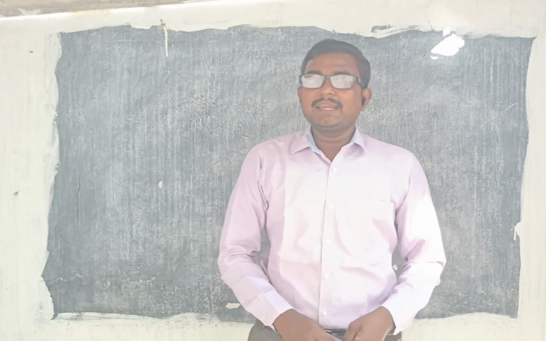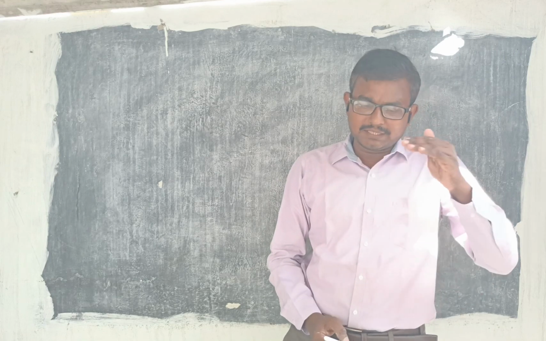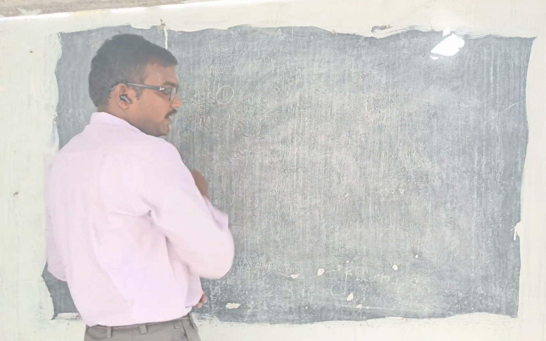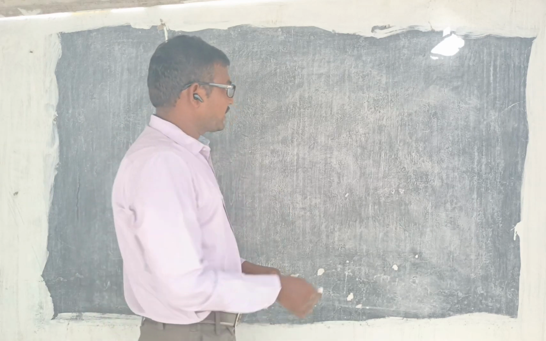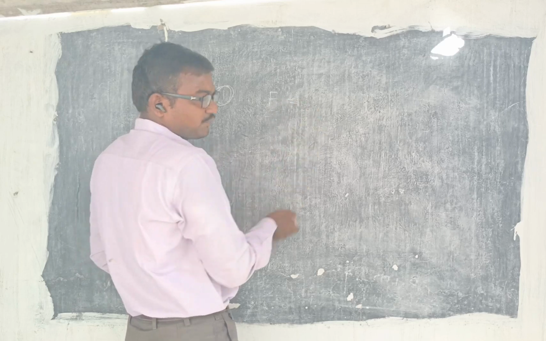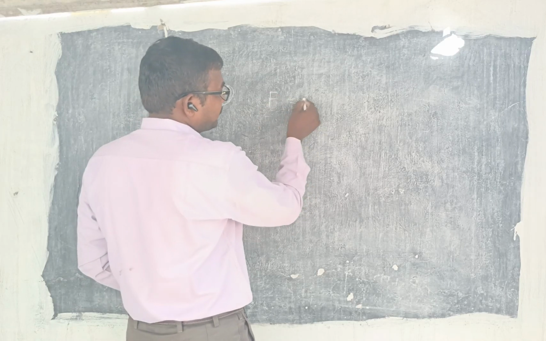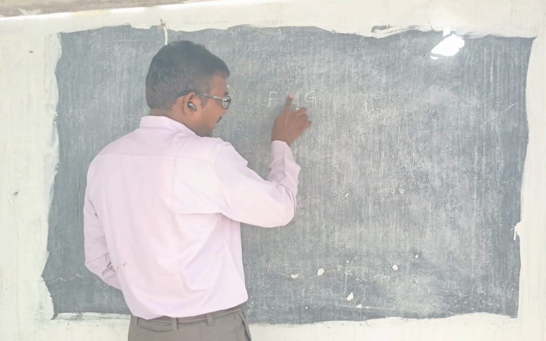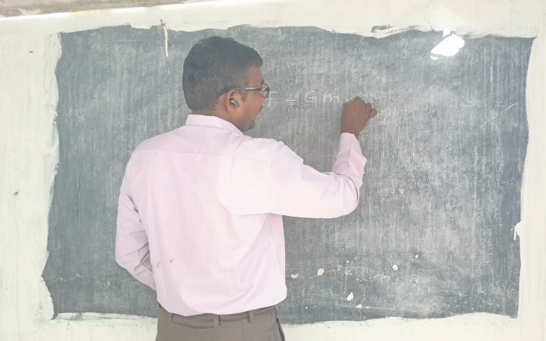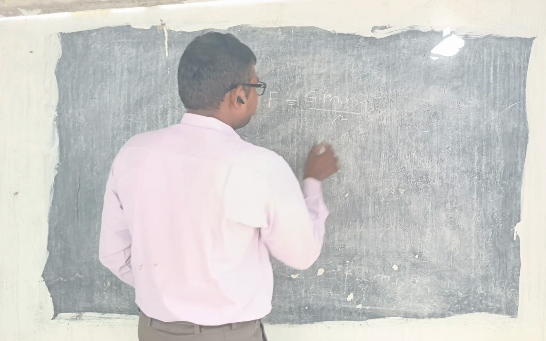Okay, once again I repeat, I conclude all what we learned today. First of all, from Newton's law of gravitation, this is the formula: F equals capital G m1 m2 by r square.